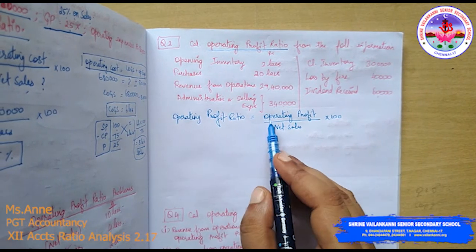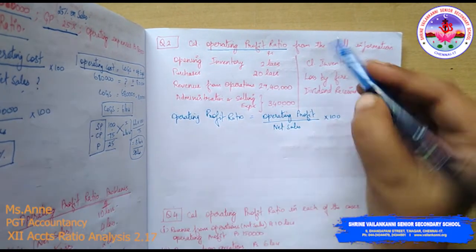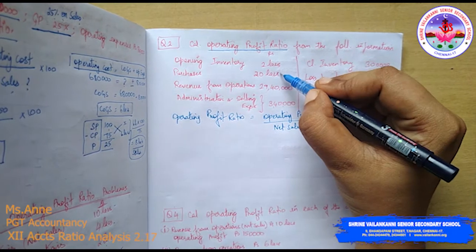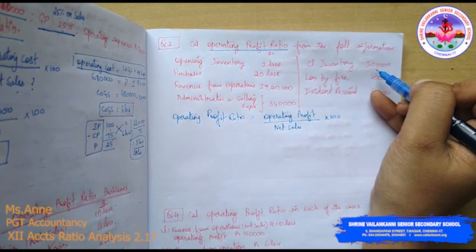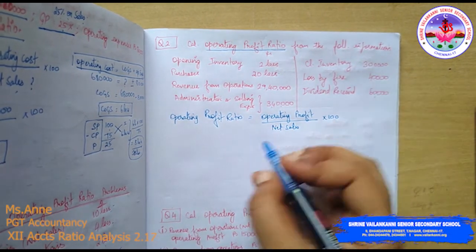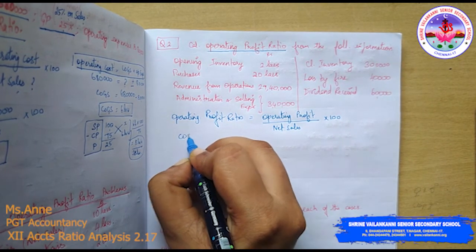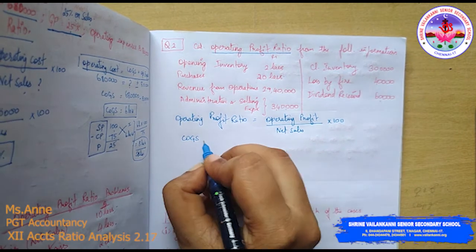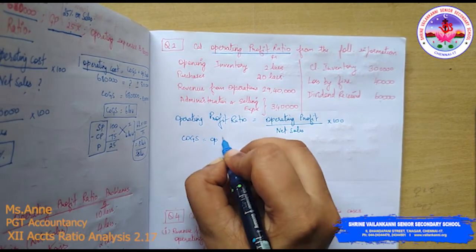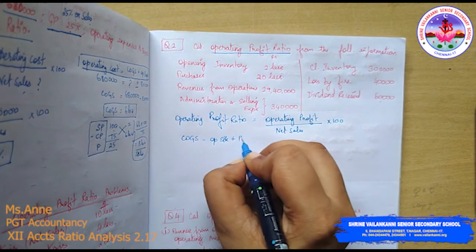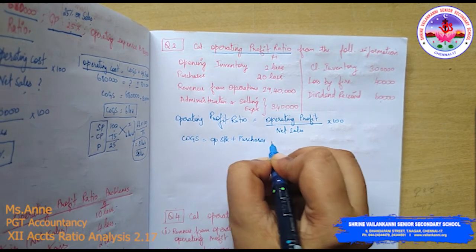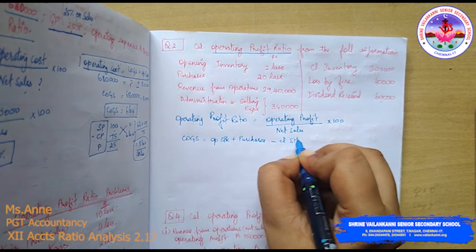Operating profit. Now we have opening stock, purchases, closing stock. We can find cost of goods sold. Am I right? What is cost of goods sold? Opening stock plus purchases minus closing stock.